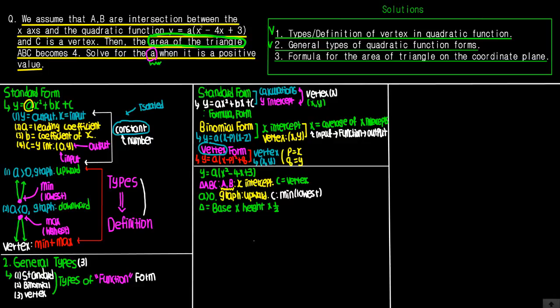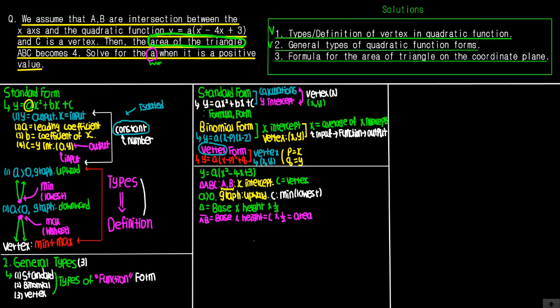So the segment AB is going to be the base, and the height is going to be C, the vertex. If you multiply by 1/2, we'll be able to solve for the area of our triangle.